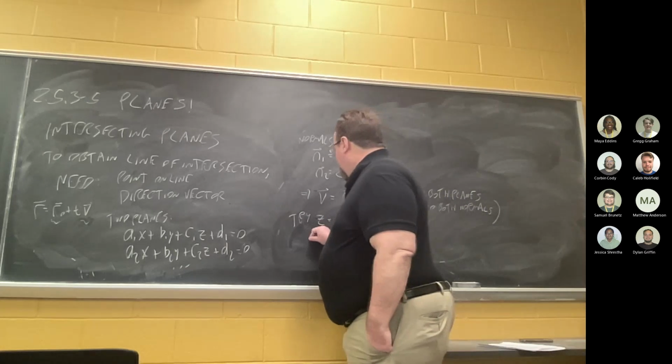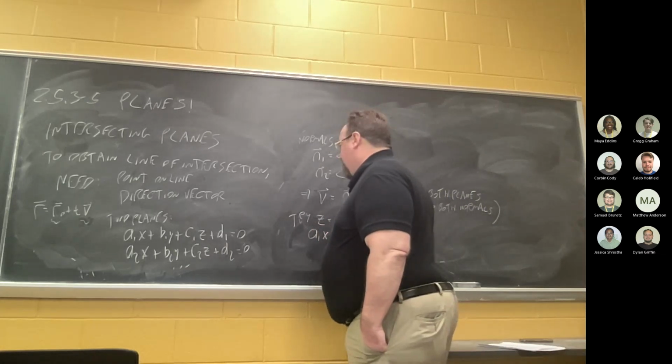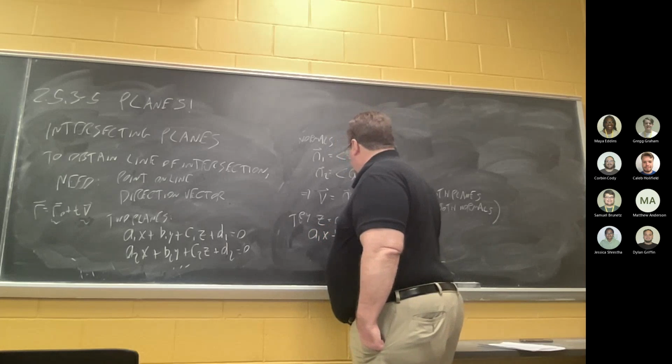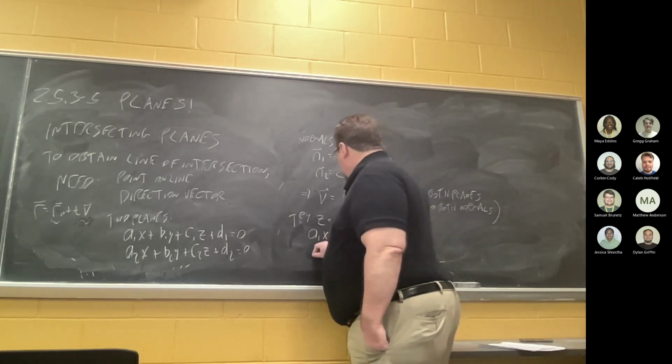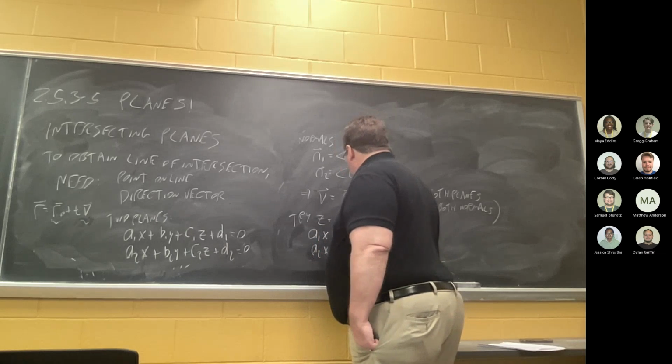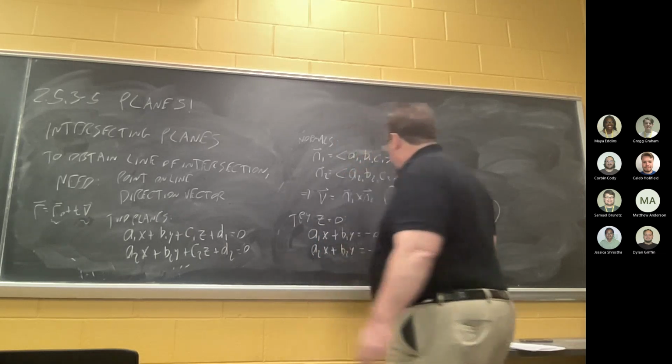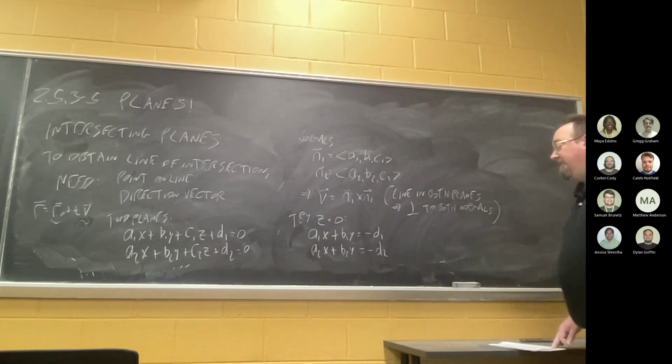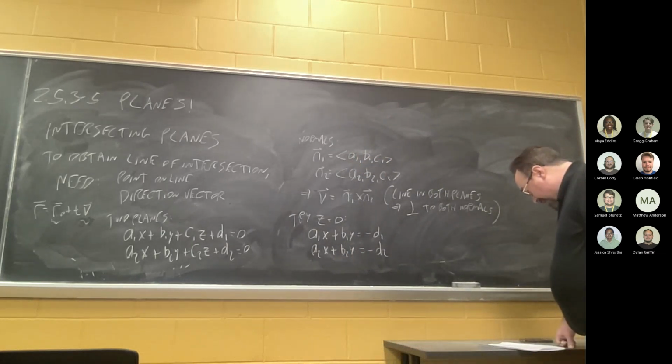Then you would get A1x plus B1y equals minus D1, and A2x plus B2y equals minus D2, just from rearranging and getting rid of the z terms.